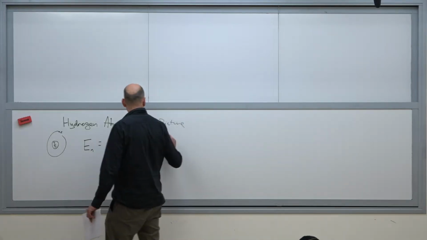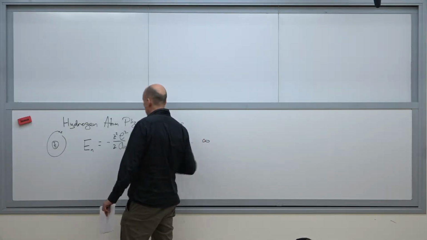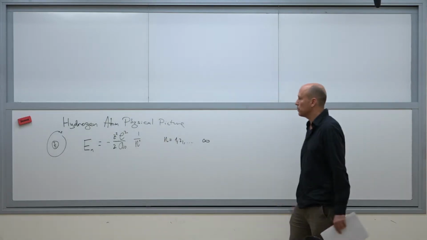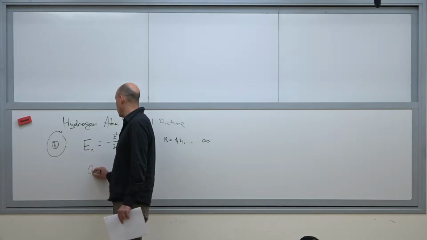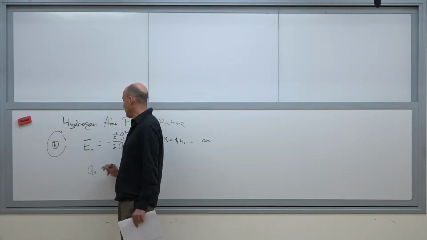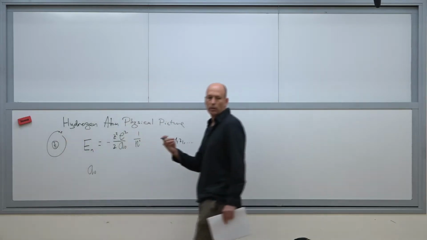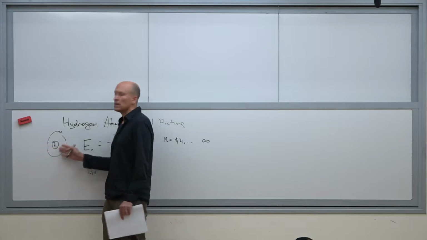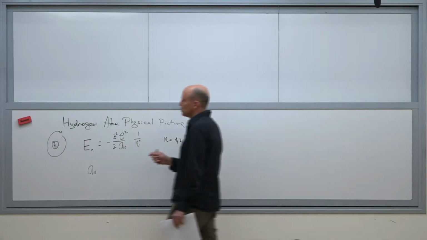Here the energy levels are n equal 1, 2, up to infinity, and the minus sign means that the energy is less than 0, which means that it is a bound state. a0 is the Bohr radius. This radius is more or less the size of the atom. In particular, in the ground state, you have a typical size here, and on this size the electron is more or less localized.